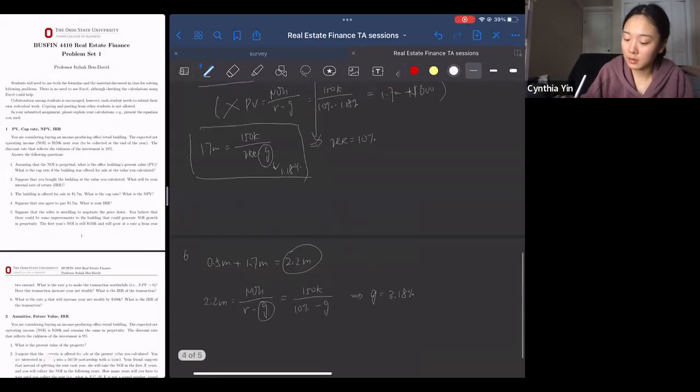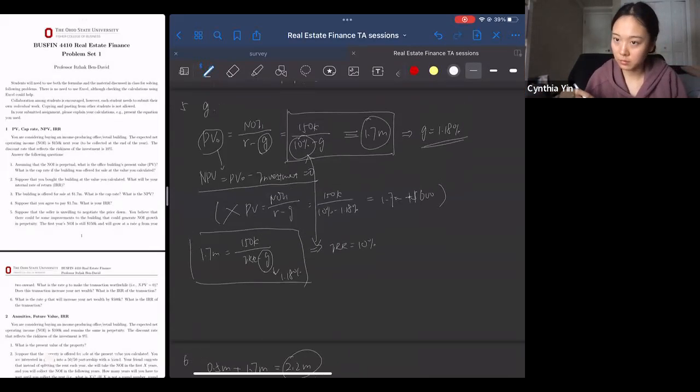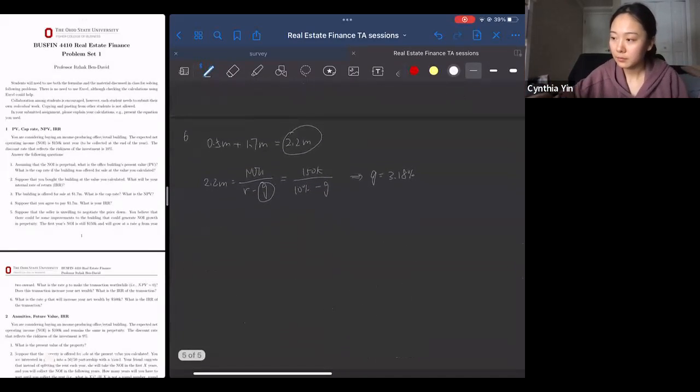This is higher than the 1.18% we got from the previous question, and it makes sense, because you want your profit to be worth more than the 1.7 million we used earlier. So you need a higher growth rate, meaning your future cash flow should be much higher than in the previous version. So your growth rate is 3.18%.